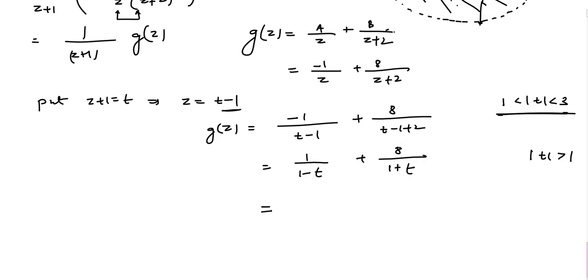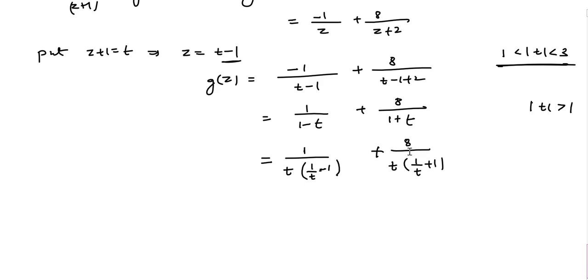So now take the t outside, then we have 1 by t negative 1, and here will be plus 8 over t in bracket 1 by t plus 1.